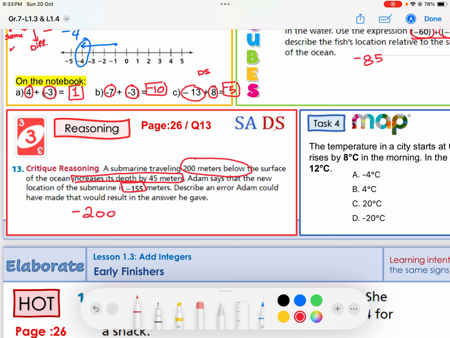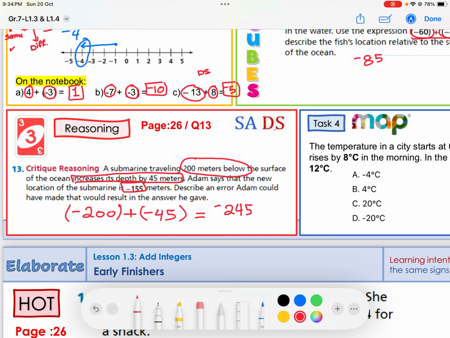That means it went even deeper in the ocean by negative 45. So what will be the new position of the submarine? When you add these two numbers, it's the same sign, so I will add 245 and keep the sign.